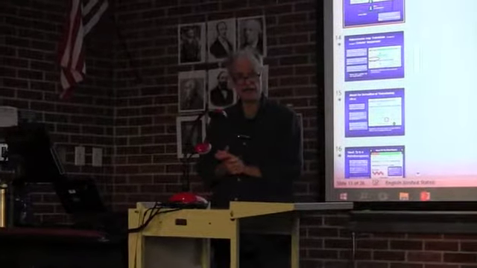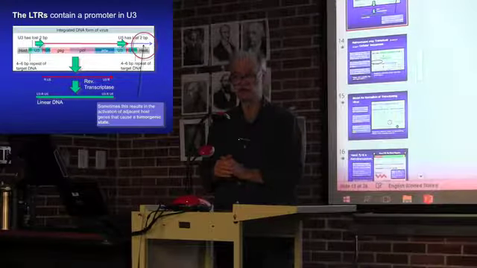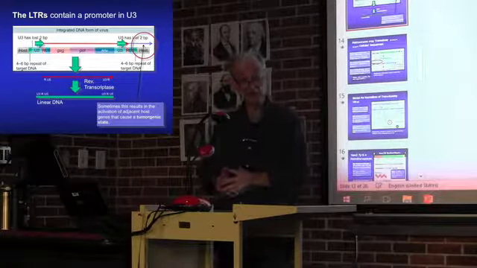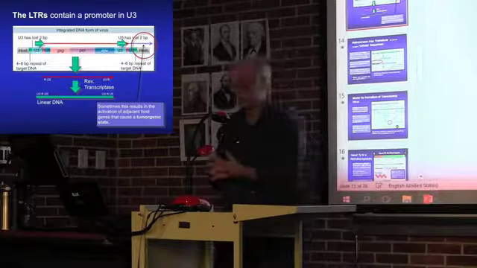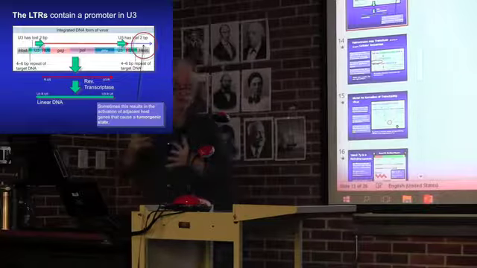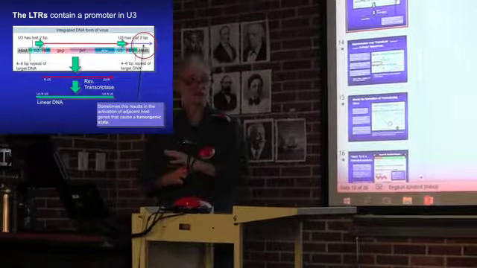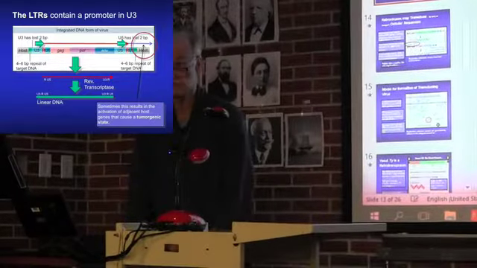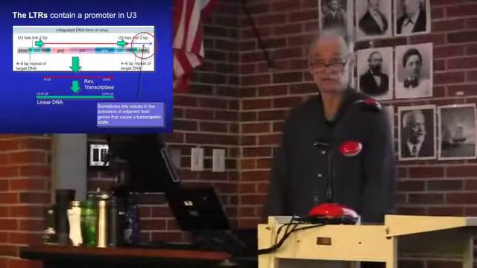And then the last component are things that do not have a long terminal repeat, yet some of them make things that look like reverse transcriptase and integrase and things like that, but they use a completely different mechanism of integration. They don't have any of this long terminal repeat.